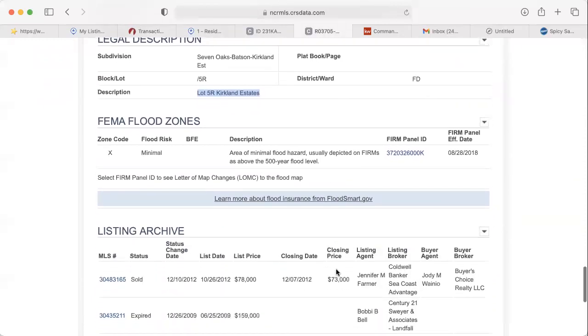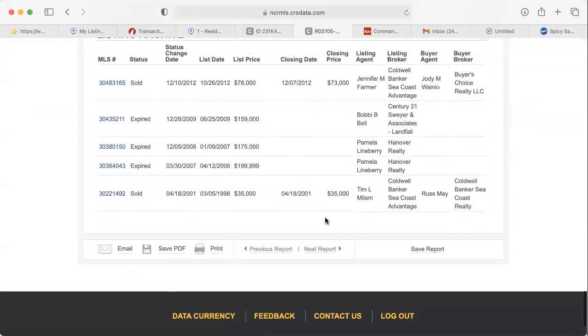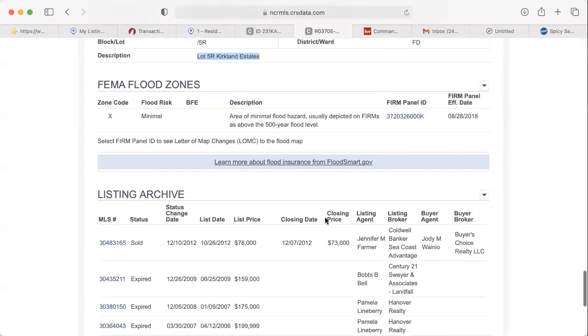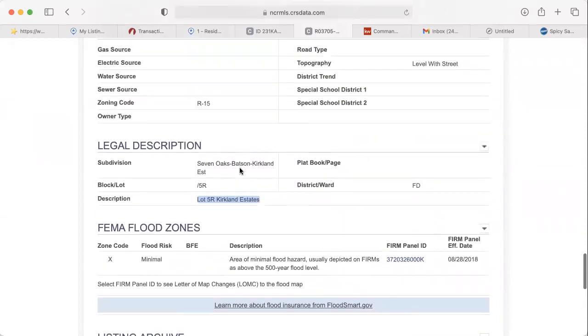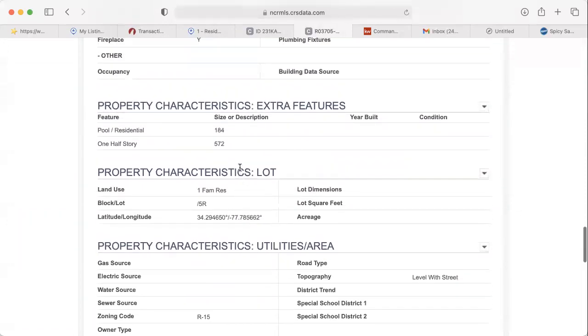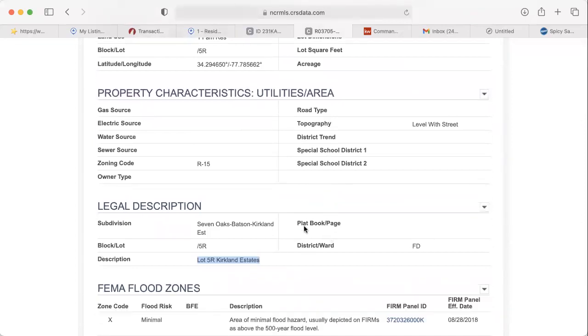So if I scroll down here to when I purchased the property, which was in 2012, why don't I see my deed book and page number? Interesting. It's usually right here.